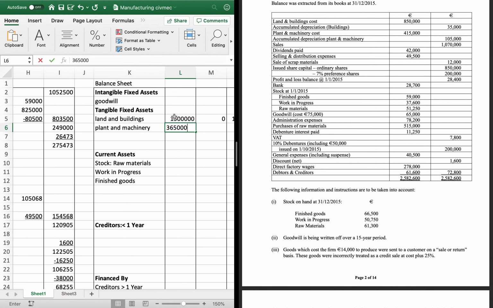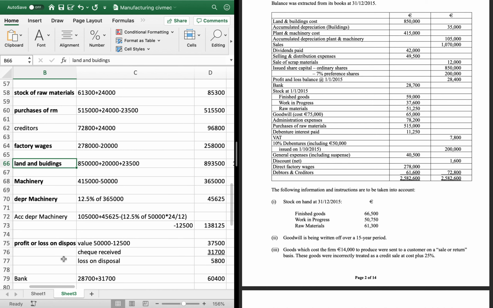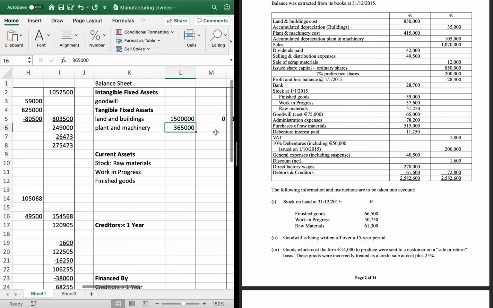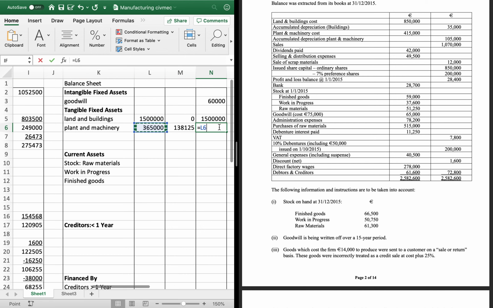Now there was accumulated depreciation on that. Not too many zeros there. Your accumulated depreciation on the plant and machinery was 138,125. Okay, which you'll take away.